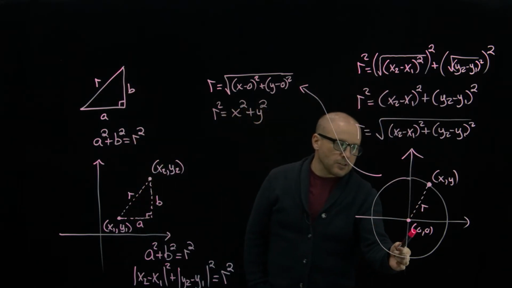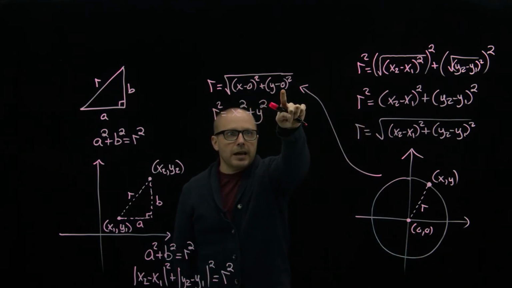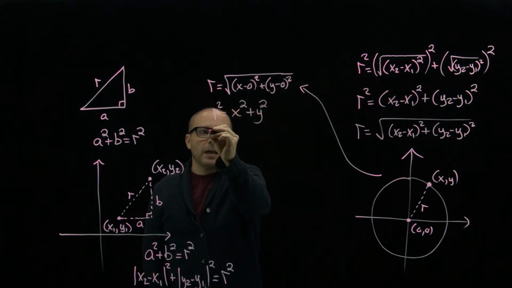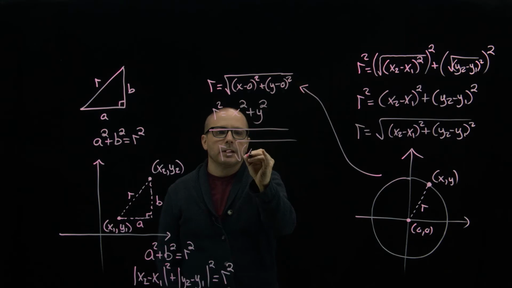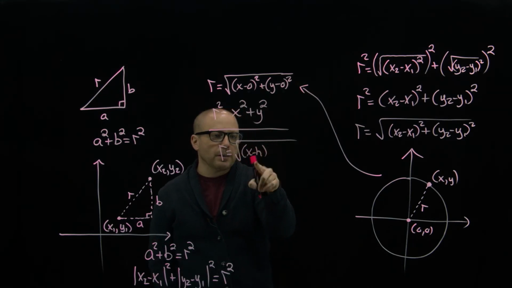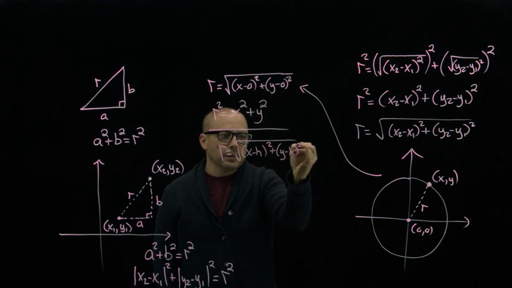Now, if this center is not 0, 0, if it's some h, k, then the more general form would be x minus whatever the x coordinate of the center is, y minus whatever the y coordinate of the center is.